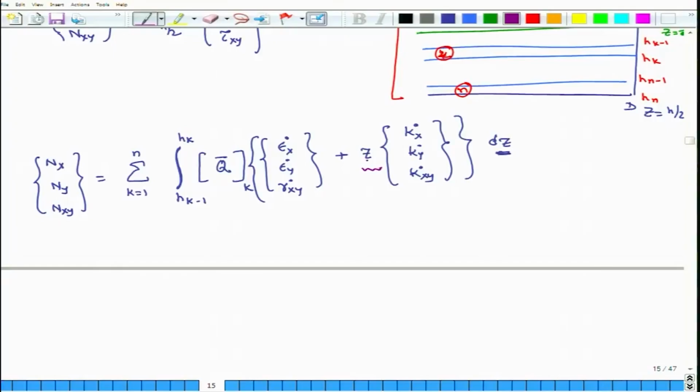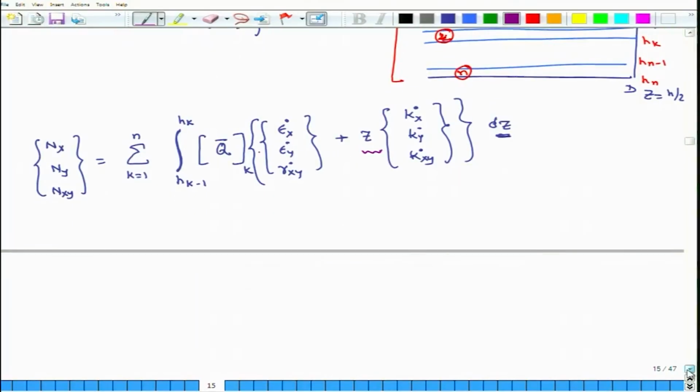So, when I integrate, this z becomes z square by 2, and when I integrate the mid plane strain vector, I get another z term here.